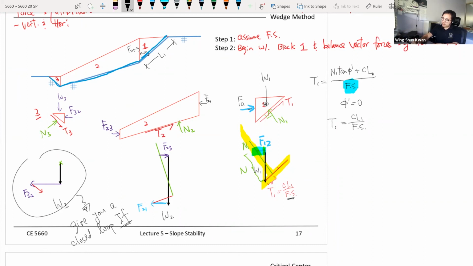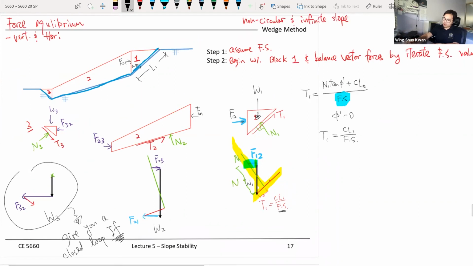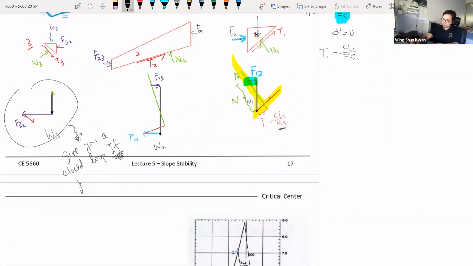So that's a big if right there: if your factor of safety is chosen correctly at the beginning.